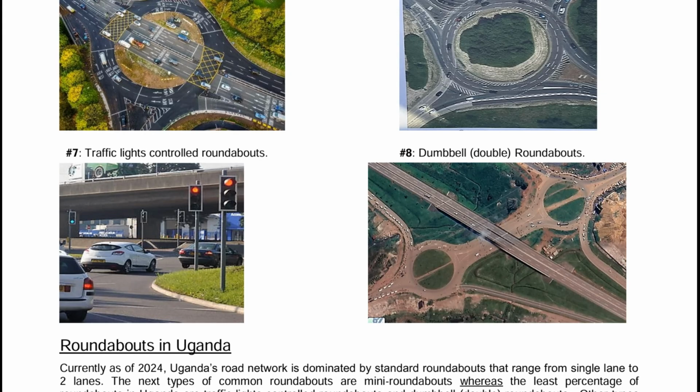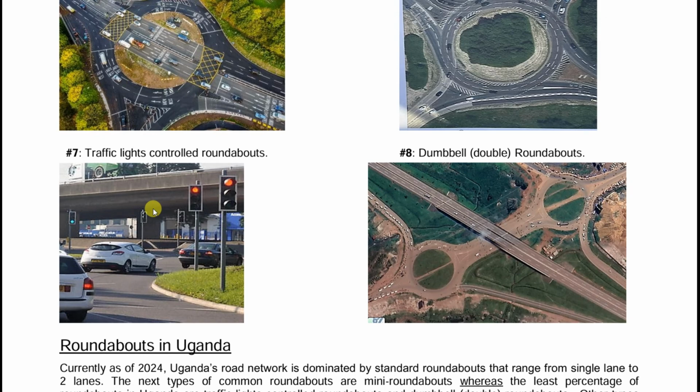Usually, at such roundabouts, traffic lights are fitted at the entry and within the circular driveway. These roundabouts are common along the Kampala-Entebbe Express Highway. They serve as interchanges for traffic to join and for traffic to leave the express highway.